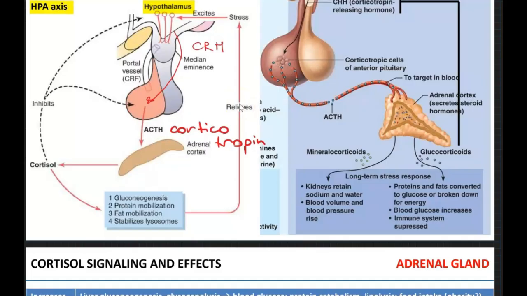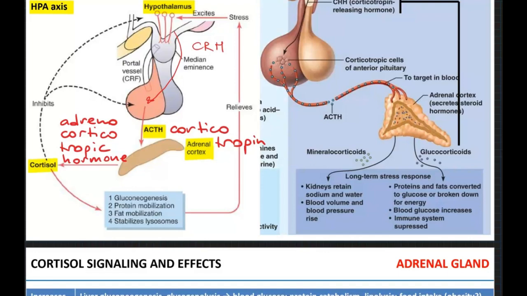So it stimulates the adrenal cortex. What does ACTH stand for? It stands for adrenocorticotropic hormone. So ACTH, produced by the anterior pituitary gland, acts on the adrenal cortex, which in response to ACTH produces cortisol.